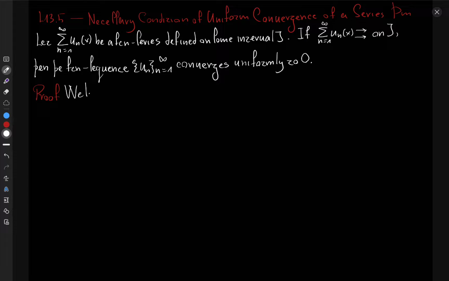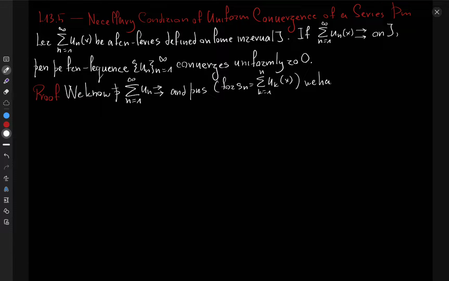We know that the series where n ranges through 1 to infinity of un converges uniformly, and thus, for Sn being the partial sum, where k ranges through 1 to n of uk at x, Sn is a function of variable x as well.